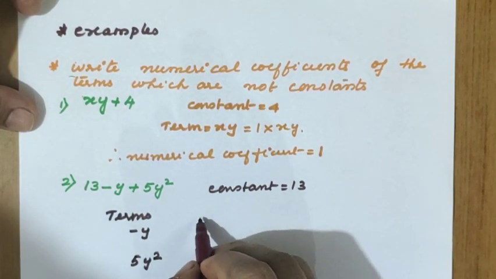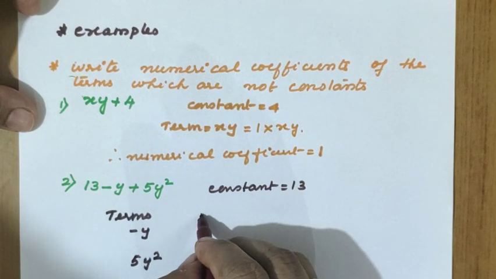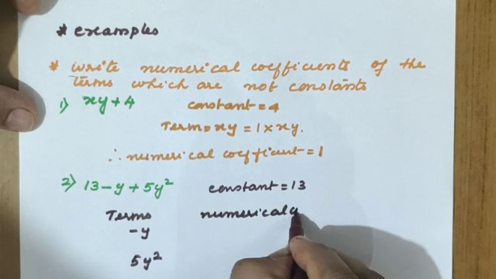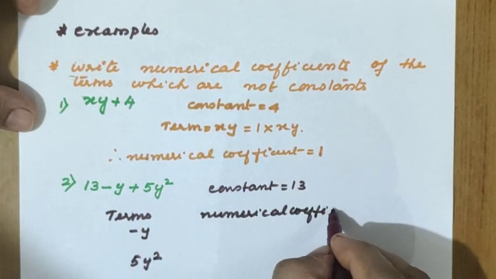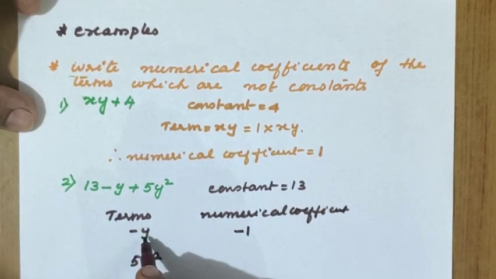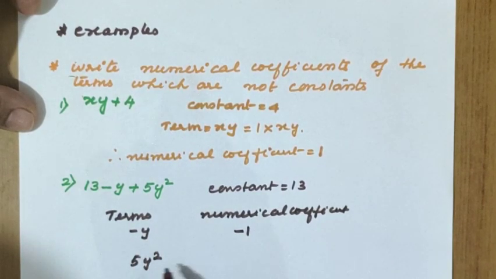Now the numerical coefficient is asked here. So the numerical coefficient for this term equals minus 1. Minus y means minus 1 into y. So 5y square, it is equal to 5, right?